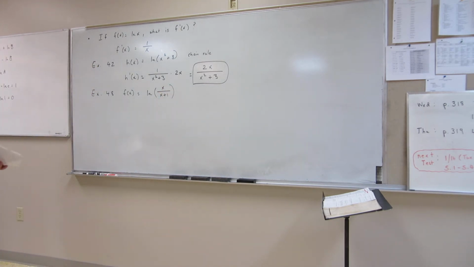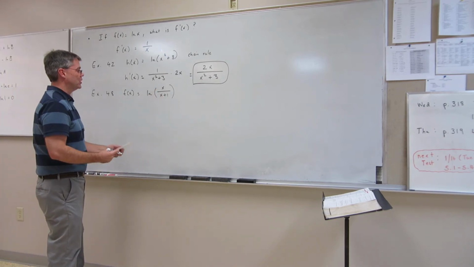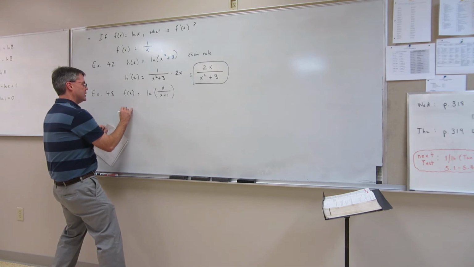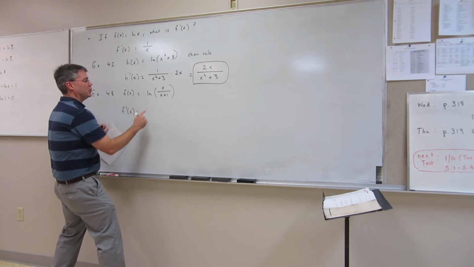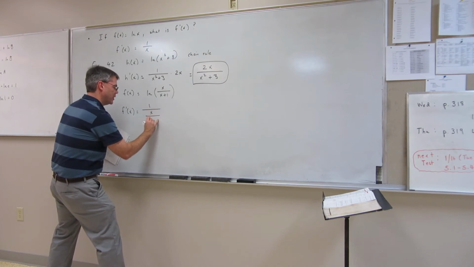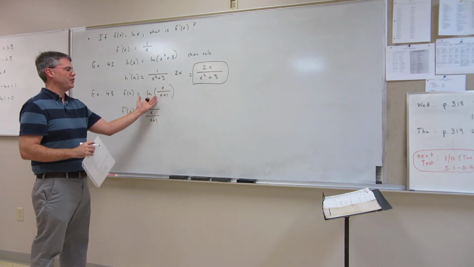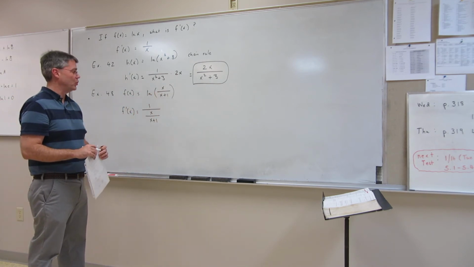So let's take the derivative of that without rewriting, so without splitting this up into a difference. So f prime of x is equal to 1 over the block, so 1 over x over x plus 1. And we have to multiply that times the derivative of the block, which is a quotient rule.